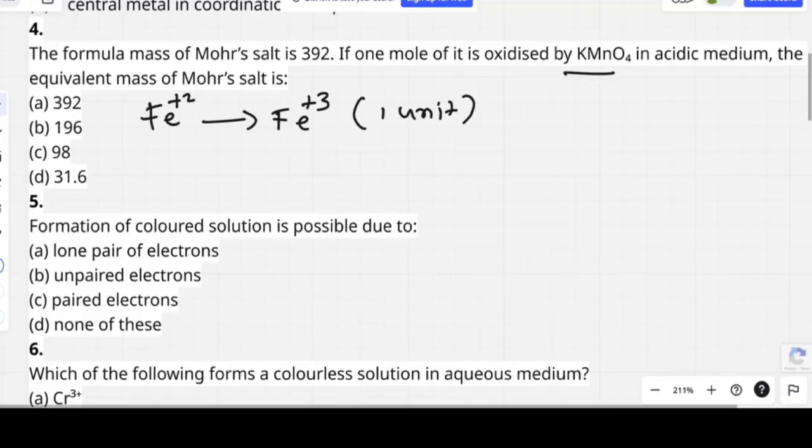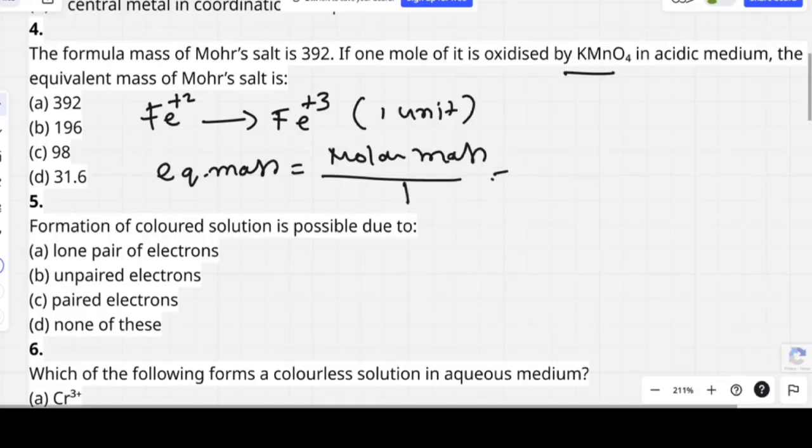Therefore, the equivalent mass is equal to the molar mass of Mohr salt divided by the number of electrons involved. How many electrons are lost here? +2 to +3, the change in oxidation number is 1.